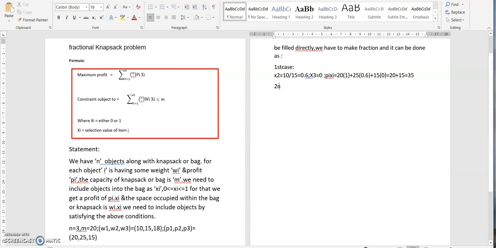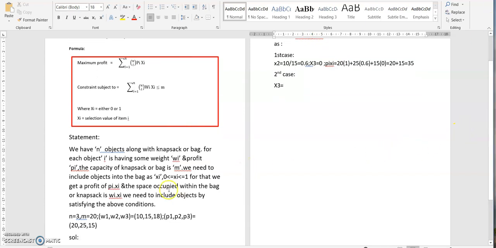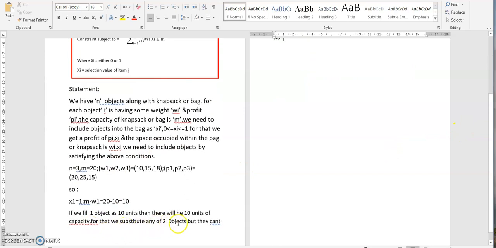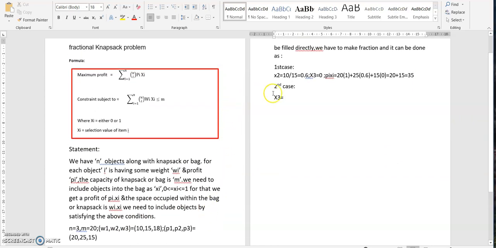Now in the second case I take x3 as a fraction. After filling the first object, we have some space remaining. For that space we have to make a fraction of either x2 or x3. x3 equal to 0.5. Then x2 equal to 0 here.